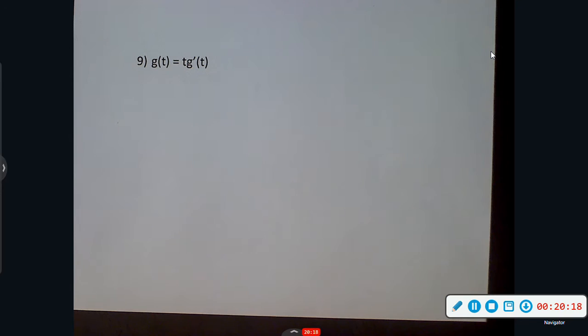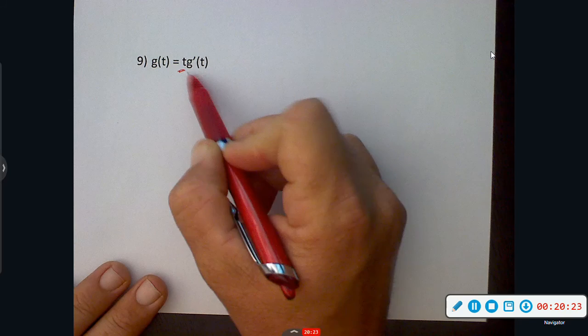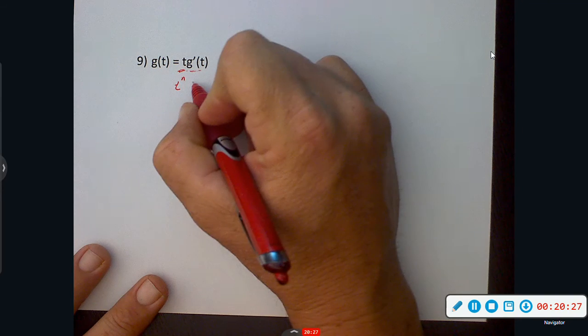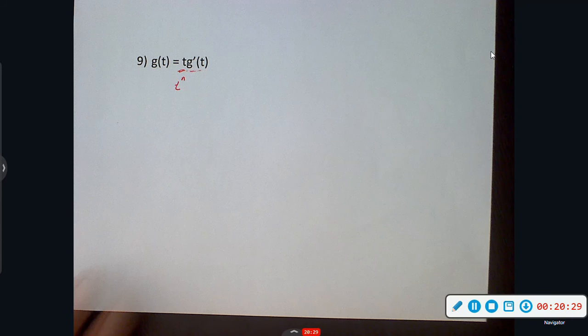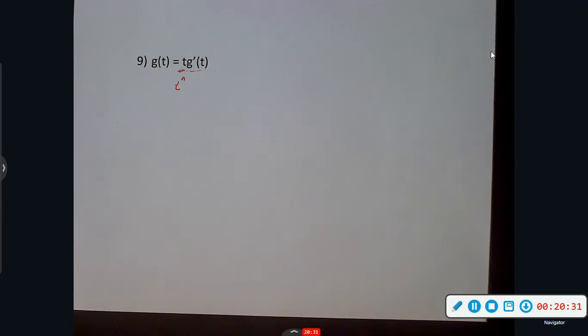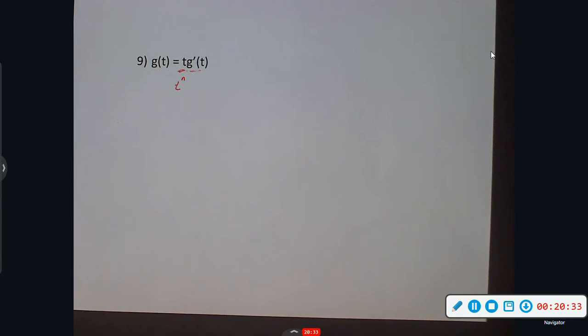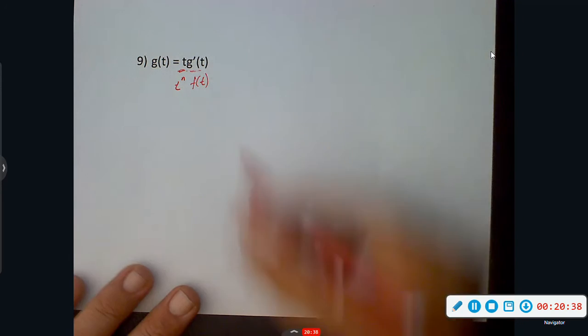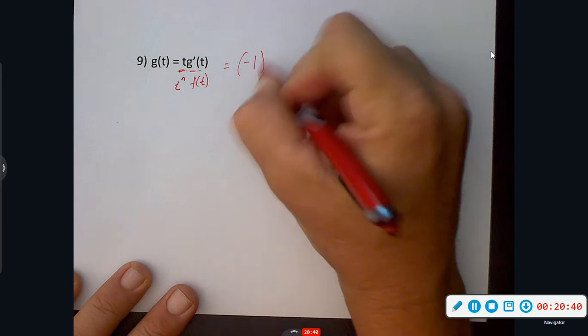So we have t, again, g prime of t. So this is going to still match under the t^n, and this is going to be like f of t. So let's do that for now. And that's going to be, again, -1 to some n power.